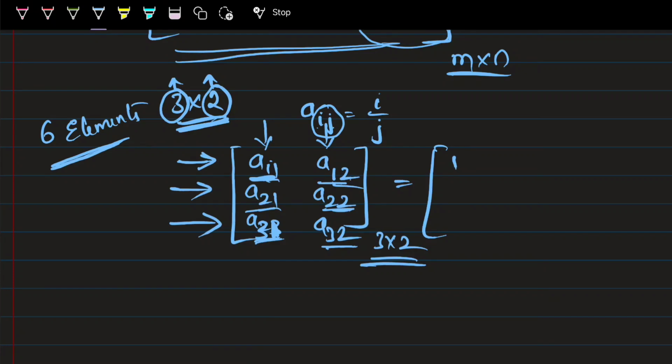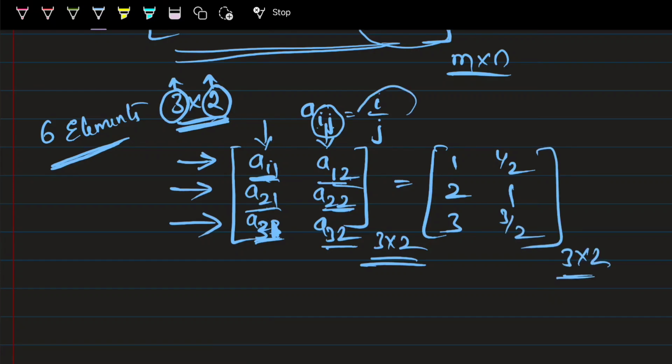Here it is 1 and 2, so the answer is 1 by 2. Here it is 2 1, so 2 by 1 is 2. Here it is 2 2, answer is 1 again. Here 3 1, answer is 3. Here 3 2, answer is 3 by 2. So this is a 3 cross 2 matrix with these elements, which can be constructed by using the general representation of a matrix.